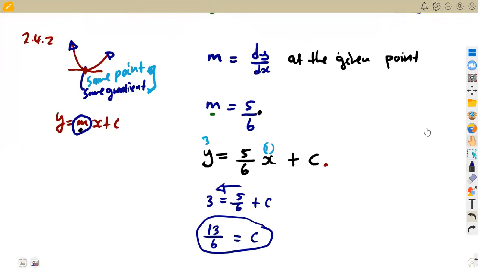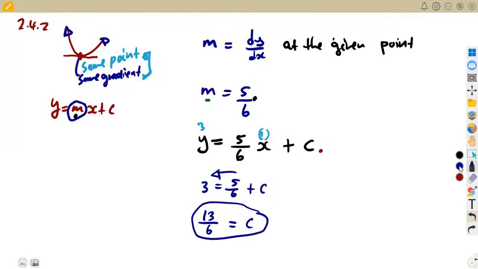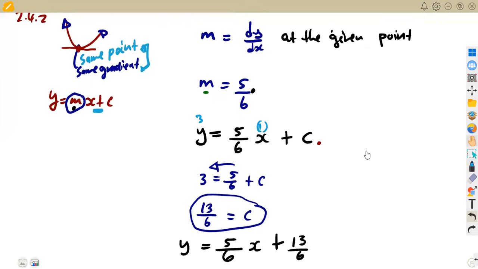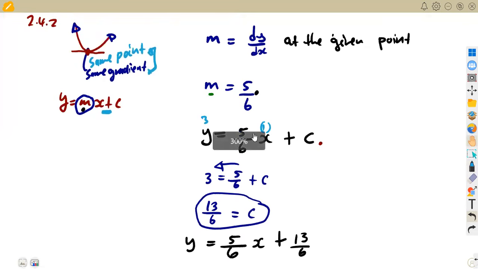Therefore, our equation of the tangent is y = 5/6 x + 13/6. This is in the form y = mx + c, the gradient-intercept form. That is how we obtain the equation of our tangent.